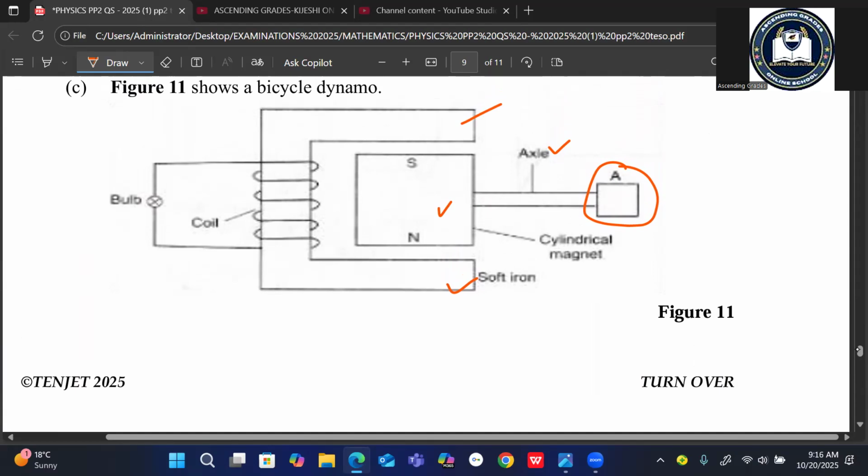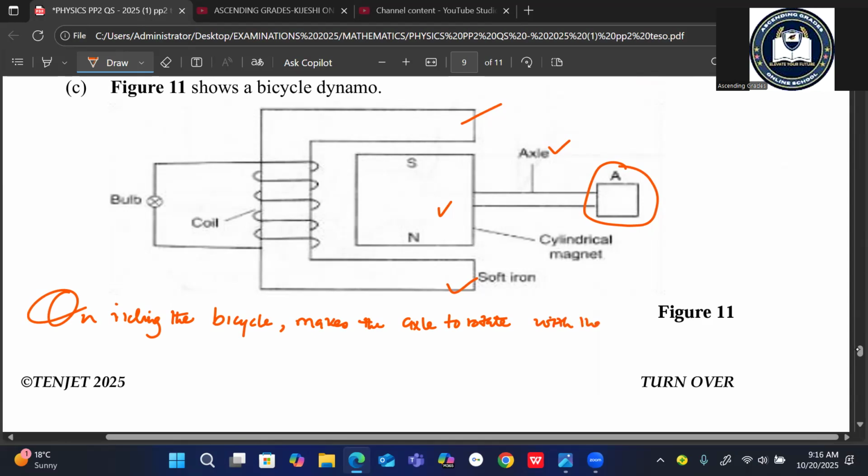So on cycling, the bicycle makes the axle rotate with the cylindrical magnets, inducing some EMF on the coil.